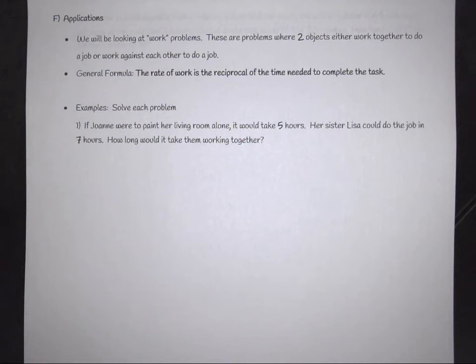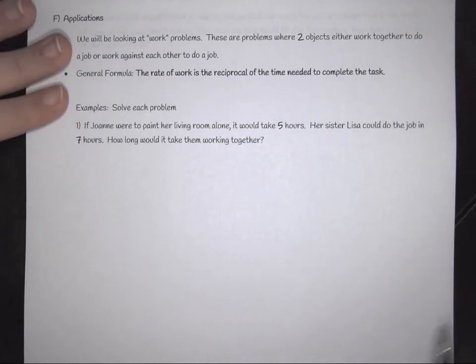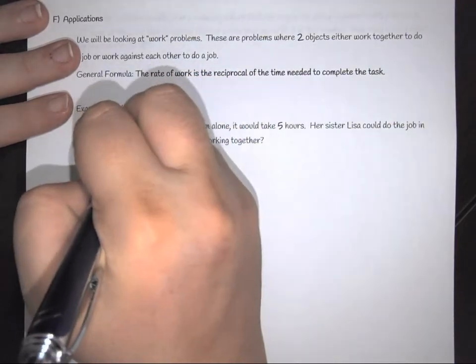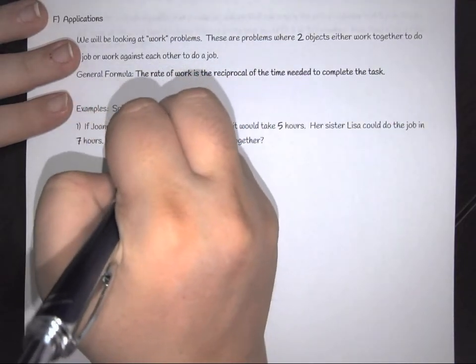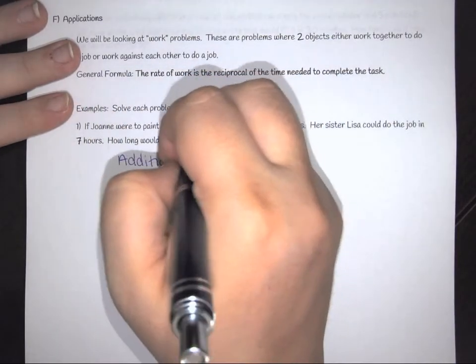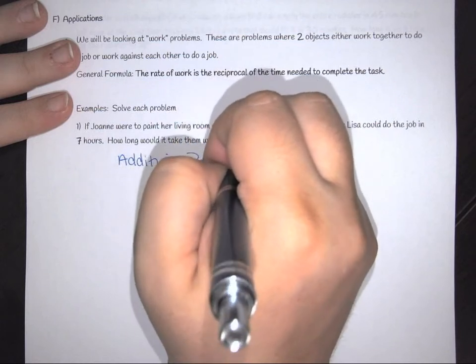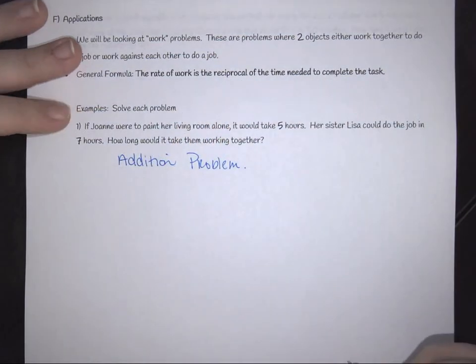So we have, if Joanne were to paint her living room alone, it would take 5 hours. Her sister Lisa can do the job in 7 hours. How long will it take them working together? So working together is an addition problem. So we have two people.